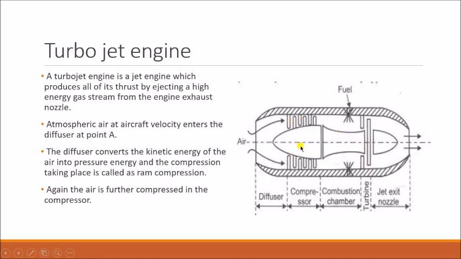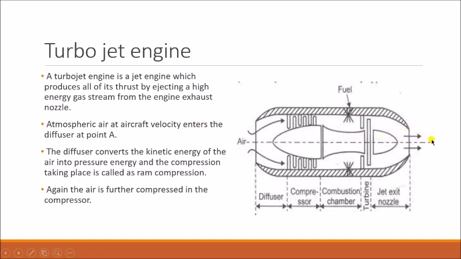The power developed rotates the compressors. The pressure of the gases at the outlet of the gas turbine is above atmospheric, since the pressure developed due to combustion is more than the atmospheric pressure. Finally, this high-pressure gas is made to pass through the nozzle.